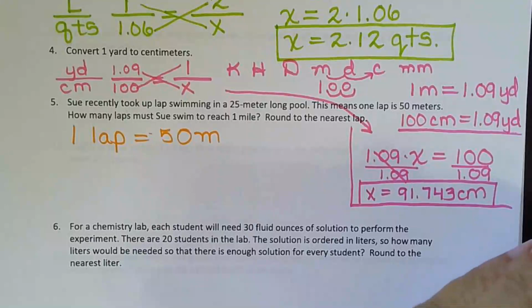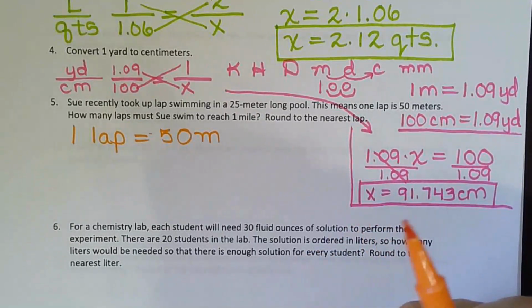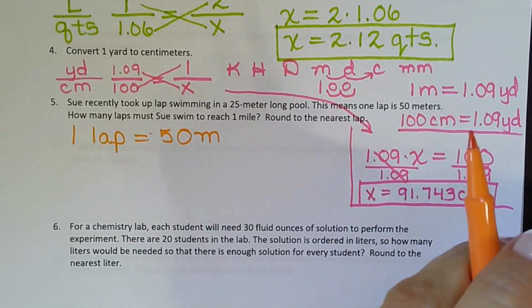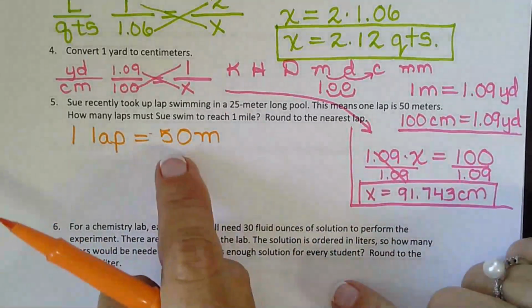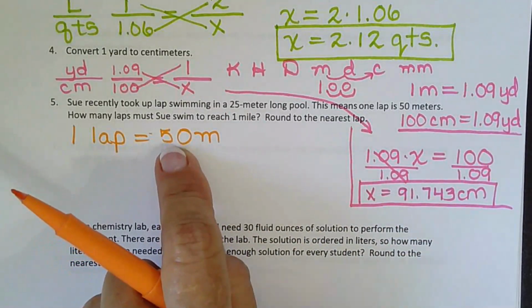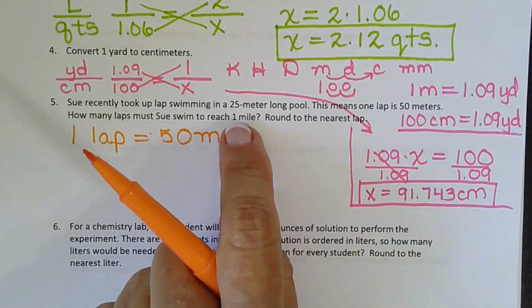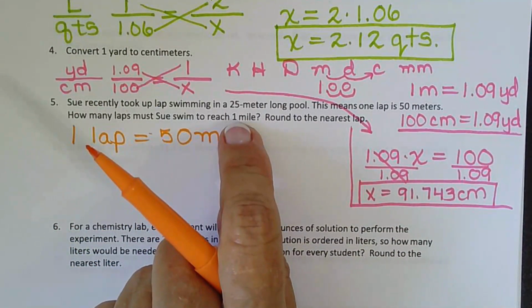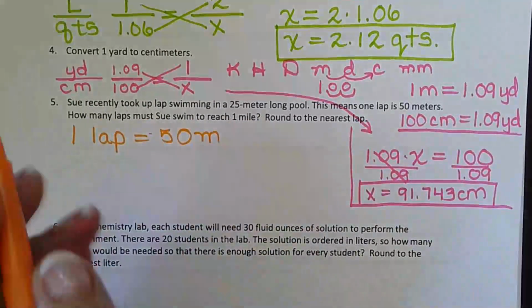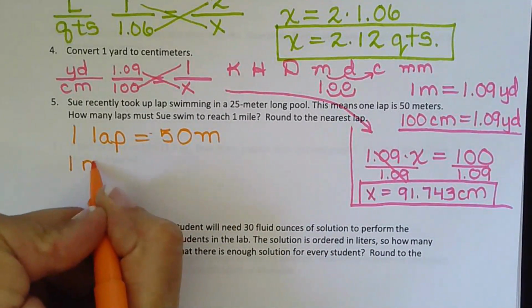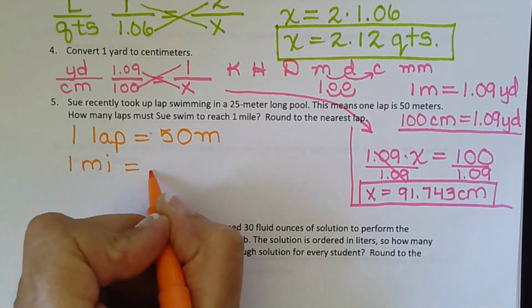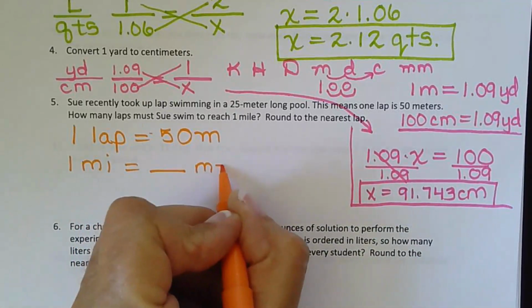So what we have to do is figure out how many meters a mile is. And then I'm going to have to divide because I want to know how many 50s go into that number. But until I can do it, I need to know this as meters. So 1 mile equals how many meters?